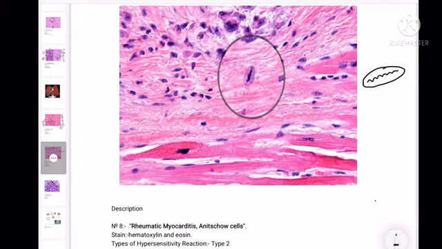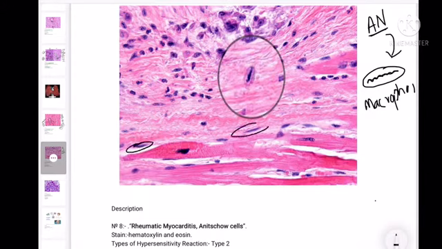So the Aschoff nodule contains some specialized macrophage with a spiral or caterpillar-shaped nuclei. This is what we call an Aschoff cell. We can also find the Aschoff cell here. This is the zoomed Aschoff cell.